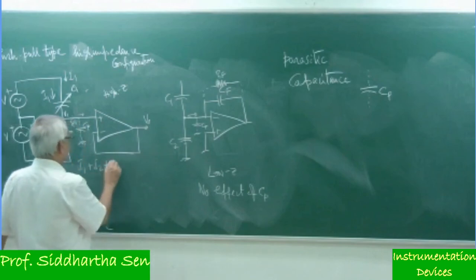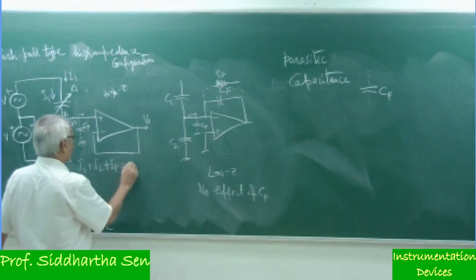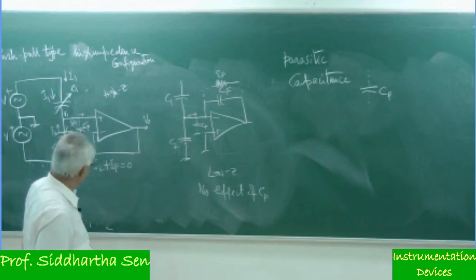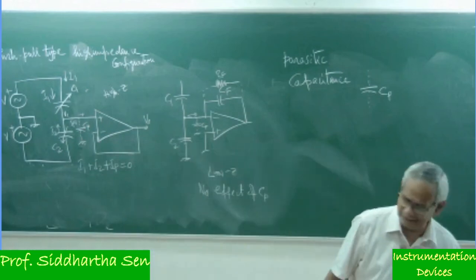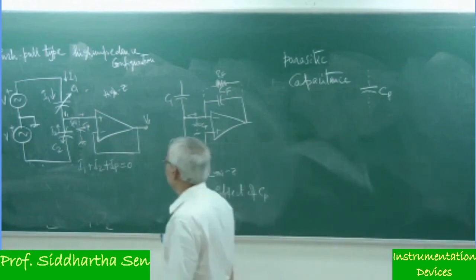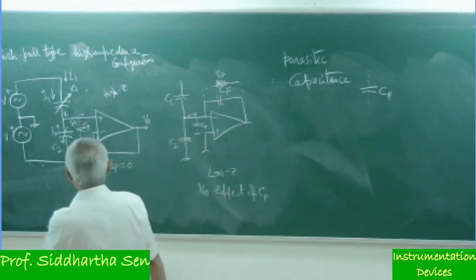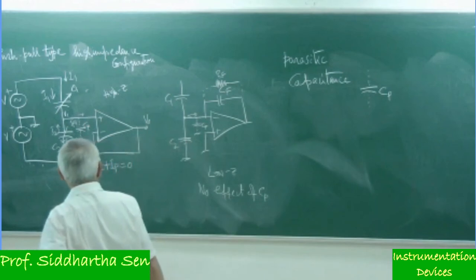But if we want to follow Kirchhoff's law, it should be like this. So an IP path will be created and as a result V0 will no longer be V (C1 minus C2) divided by (C1 plus C2).